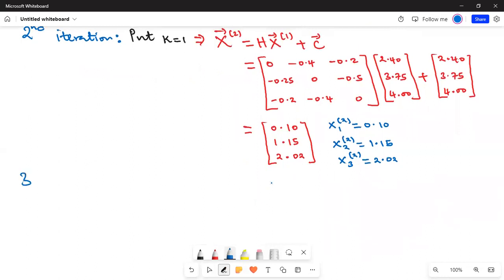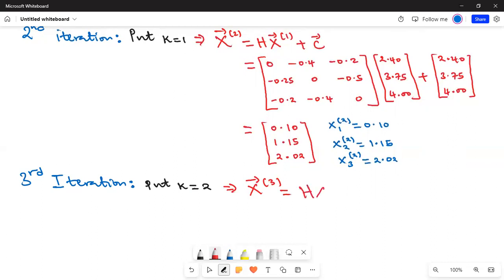And finally, the third iteration, so you write third iteration. Now in this case, you put k equals 2. And so what are we going to get? That the x vector at level 3 is equal to h times the x vector at level 2 plus c.